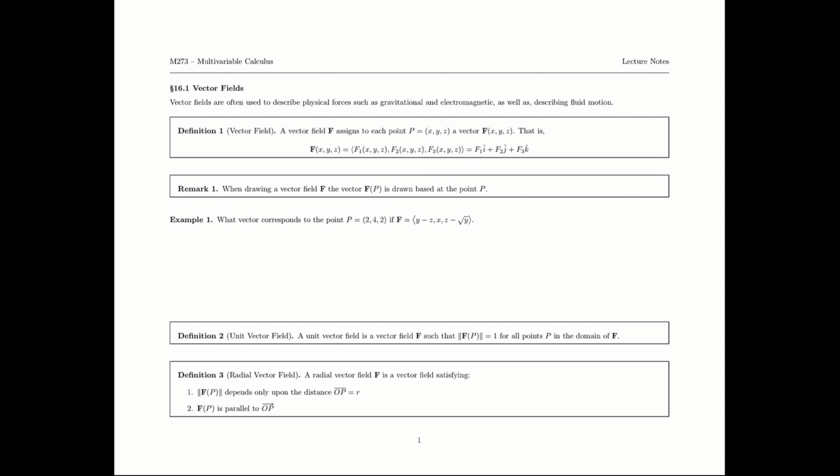Well, to figure this out, all you would do is take your vector field F, and you'd plug in your point P. So this is y minus z, so 4 minus 2, comma x, which is 2, comma 2 minus the square root of y, which is square root of 4. And then we simplify, so 2, 2, 2 minus 2, 0. So this is the vector that we would sketch at the point (2, 4, 2).